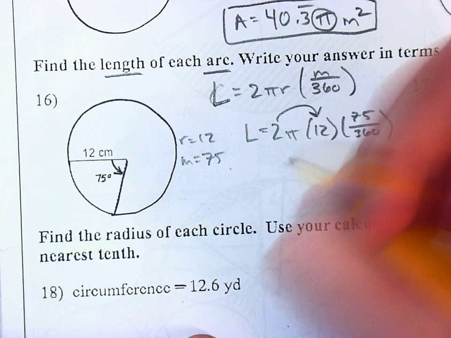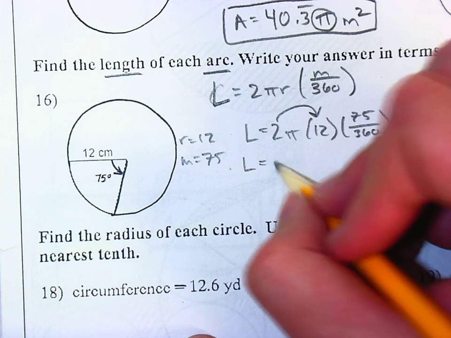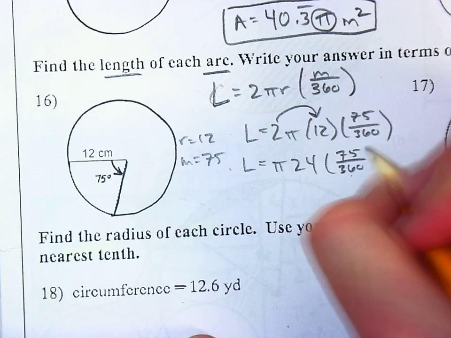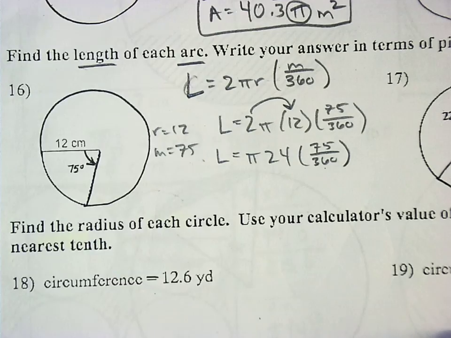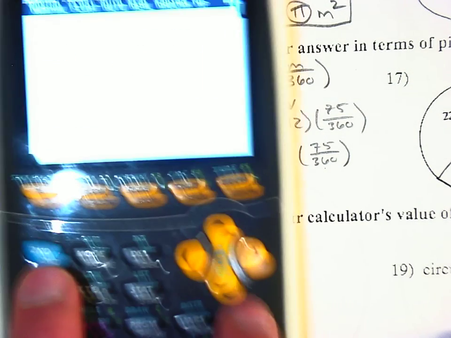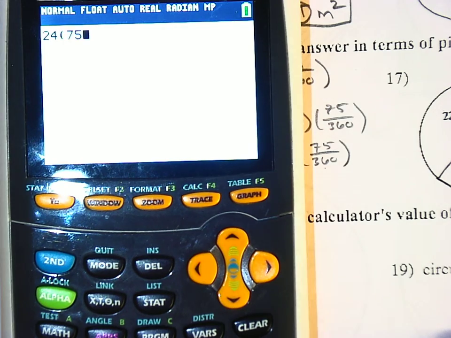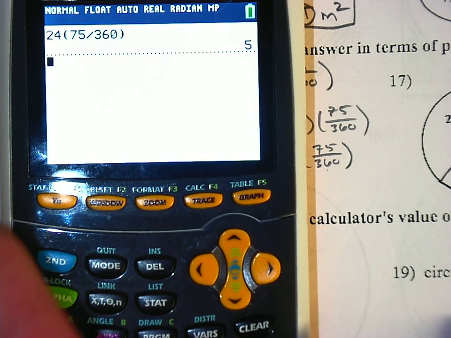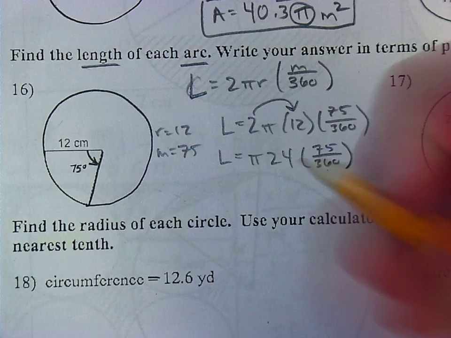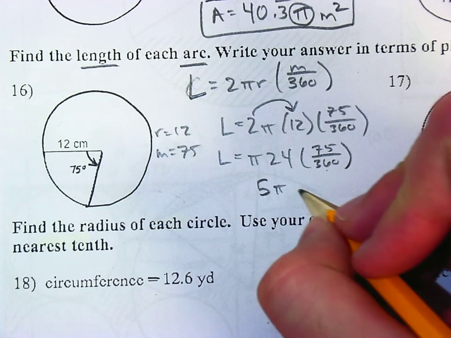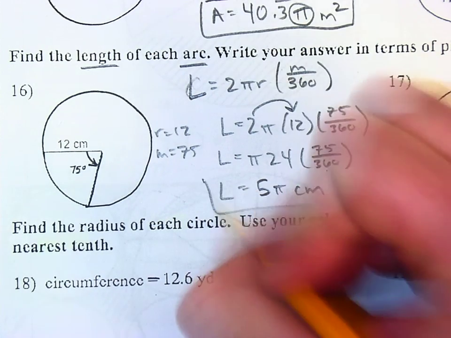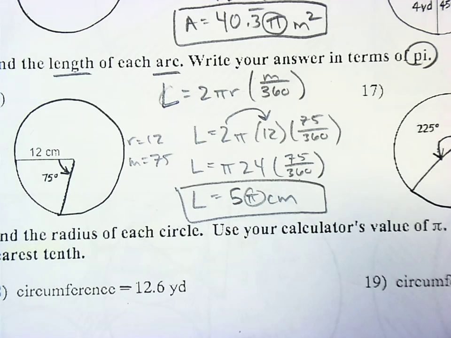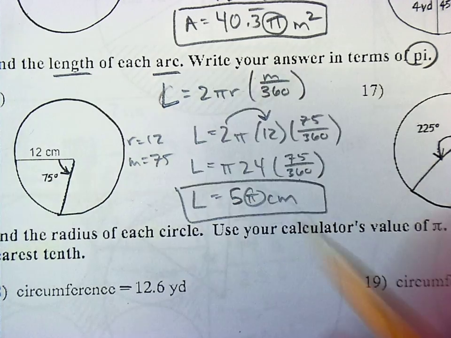Multiplying into the parentheses, we get pi 24 times 75 over 360. Then just plug it into the calculator: 24 times 75 over 360 is 5. So 5 pi. They want it in terms of pi, so we leave the pi in there. Our units are centimeters.